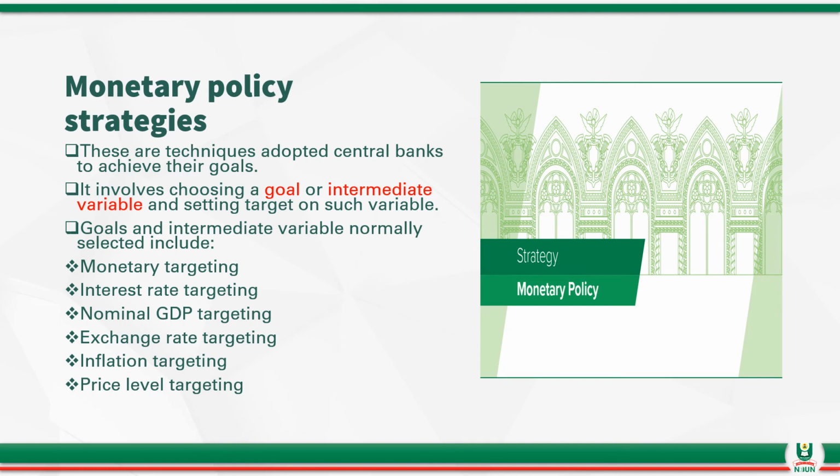So these goals and intermediate variables normally selected include one, monetary targeting, that's monetary policy rate, interest rate targeting, the nominal GDP targeting, the exchange rate targeting, inflation targeting, and the price level targeting.